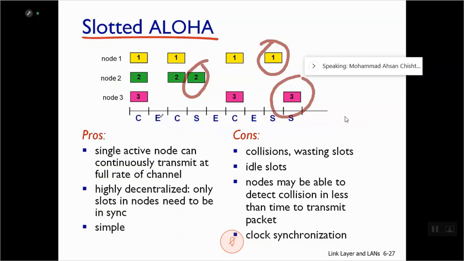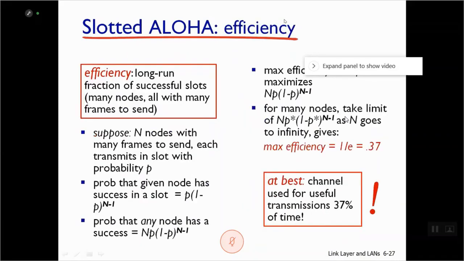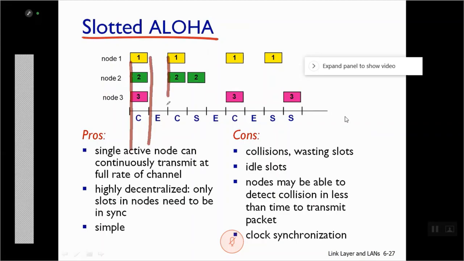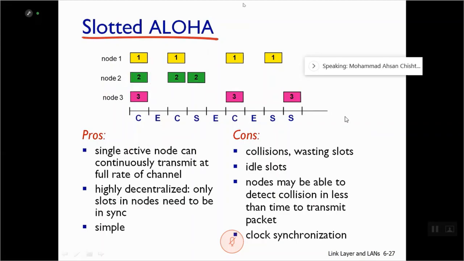Another thing that we see here is clock synchronization. What is clock synchronization? This is the start. This is the start. This is another start. This is another start.